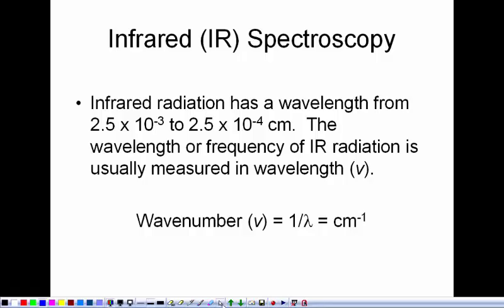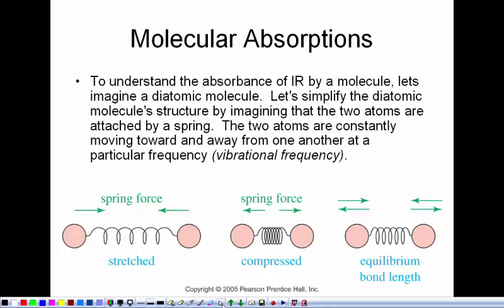So how does a molecule absorb infrared light? Well, basically what we have to deal with are the motions of the molecule. And a motion of the molecule has to occur at the same frequency as infrared radiation in order for the molecule to absorb. So let's take a diatomic molecule as an example. With a diatomic molecule, you have two atoms, let's say they're attached by a spring.